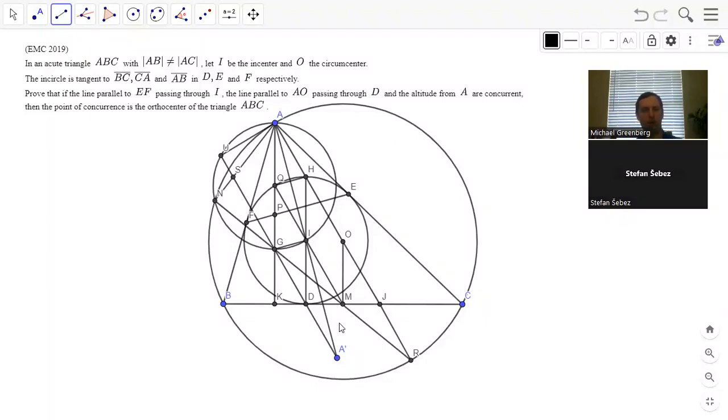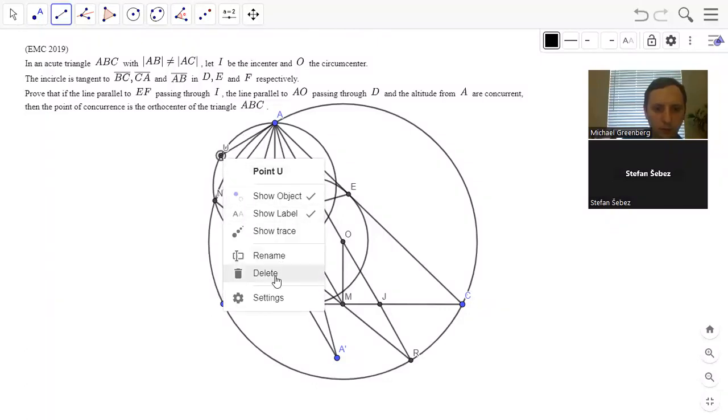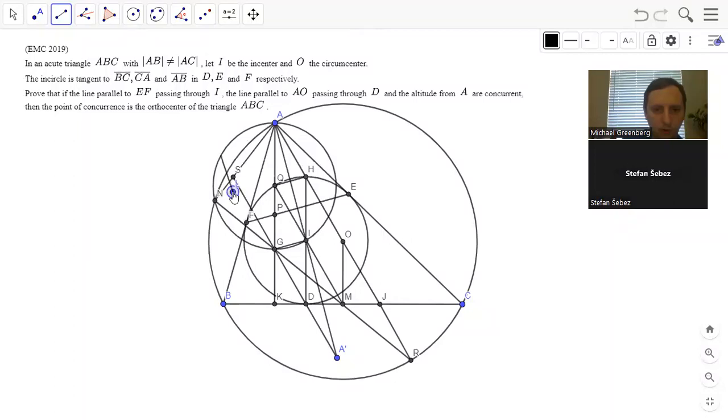Basically I can delete point U and I can delete S. But okay, let me follow what you're saying. Reflect A over I to get point A prime. And then G, D, and A prime are collinear. And then AI equals IA prime.